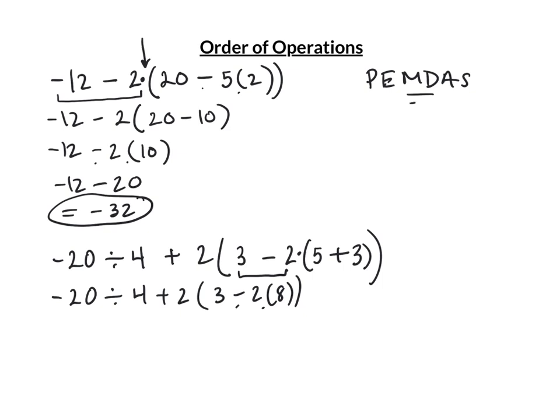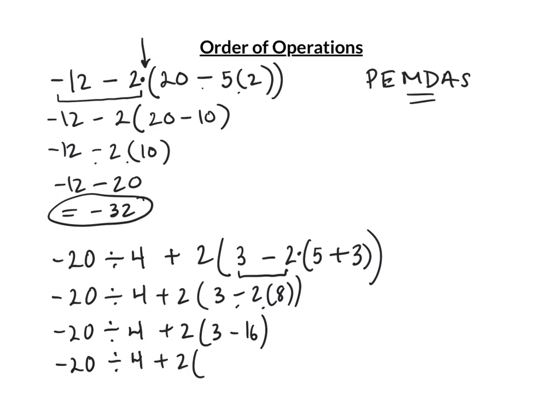Multiply comes before adding and subtracting. This is negative 20 divided by 4 plus 2 times 3 minus 16. I still have the parentheses, so I'll keep going. That is negative 13.